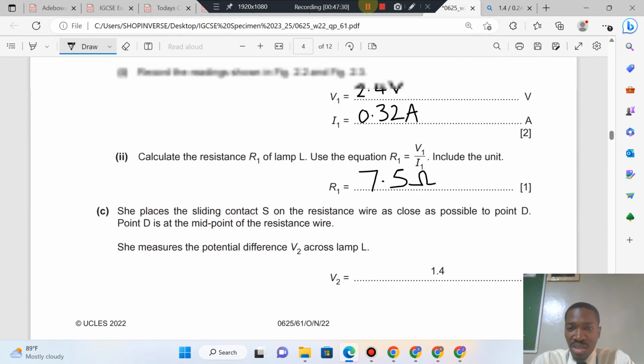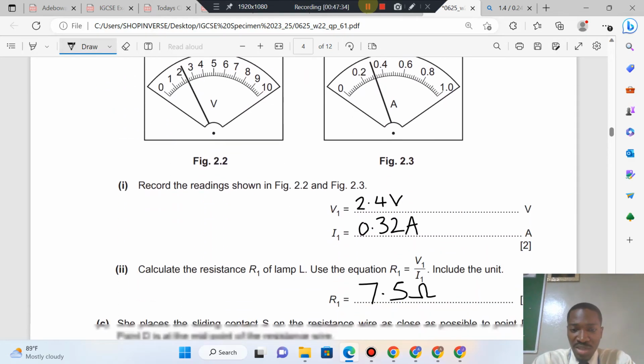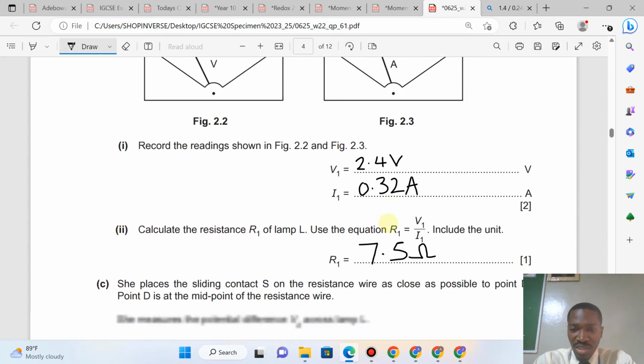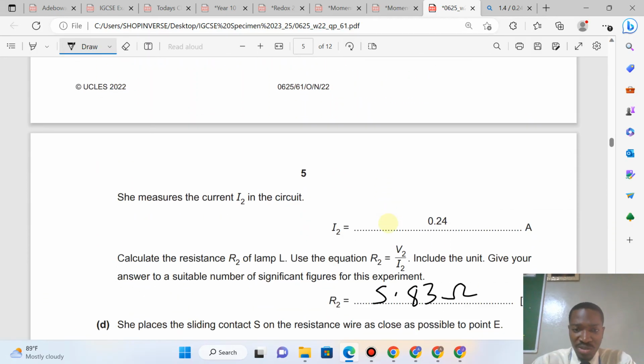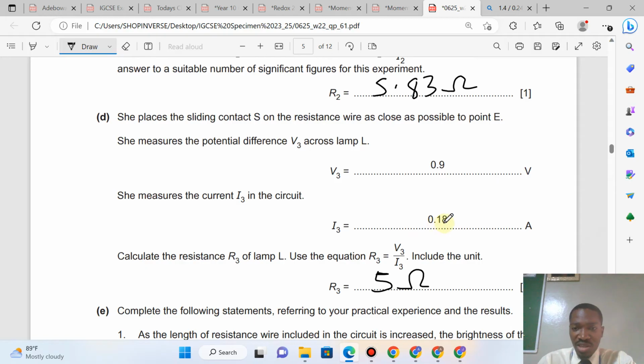Now let's investigate the trend of the current. Current I1 is 0.32 amperes. Now as she increases the length, as she slides this, what happens to the current? The current reduces to 0.24. And then when she kept on sliding it, the current reduced again to 0.18 amperes.